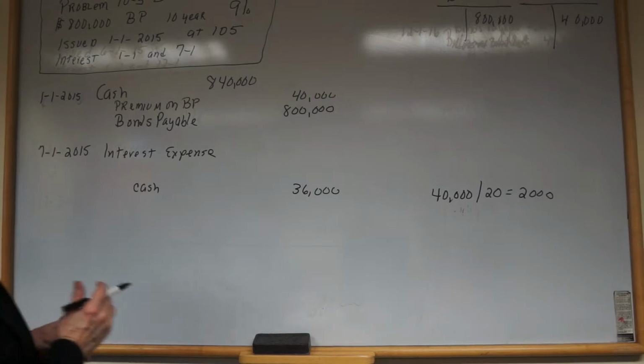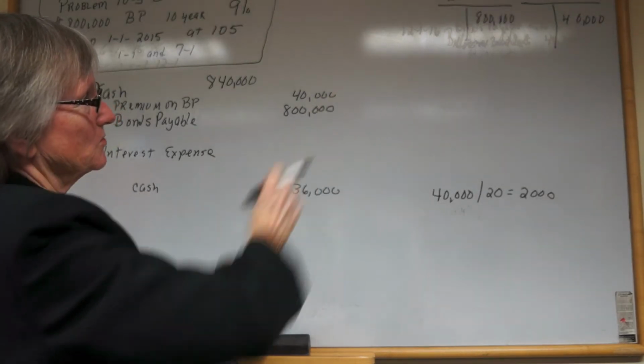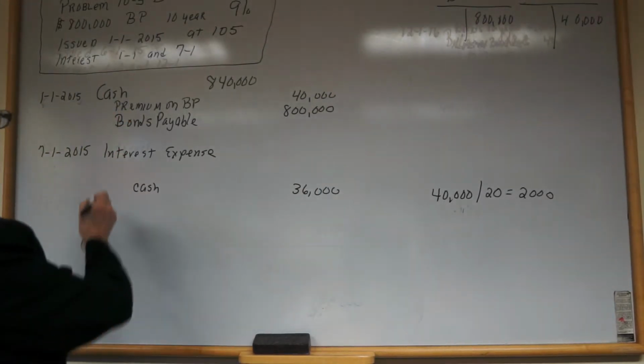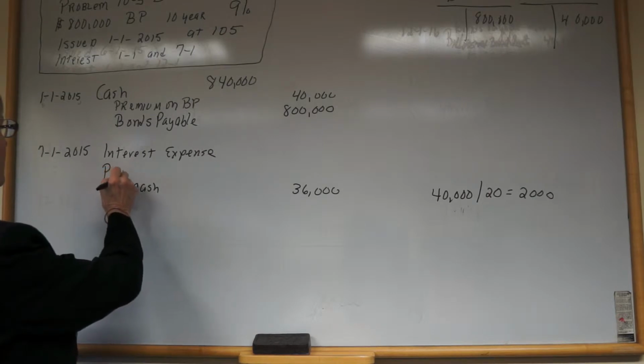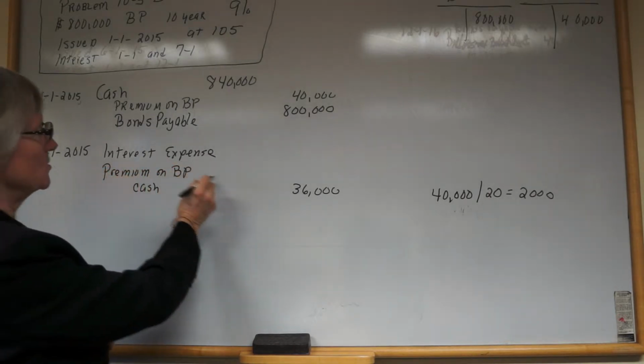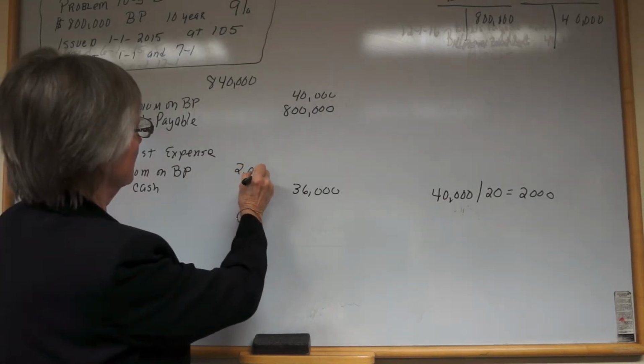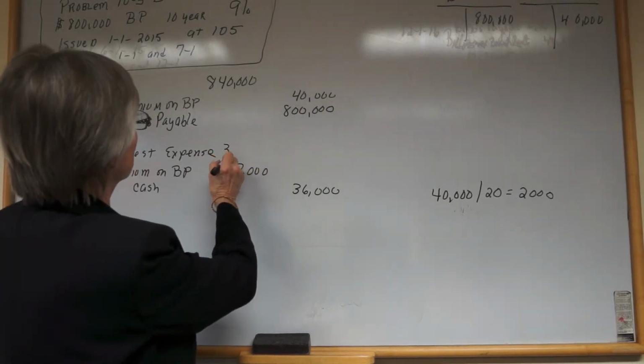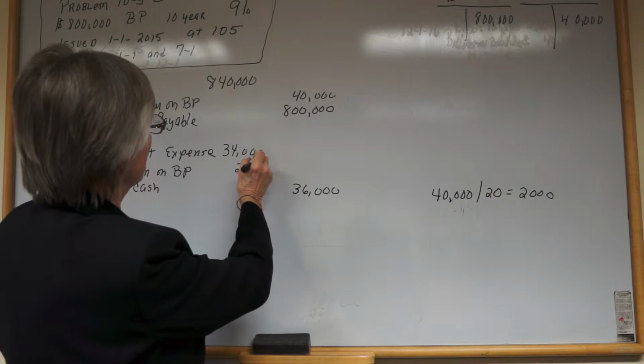Okay, so how do we do that? The premium starts out with a credit balance, so we are going to be amortizing it, so we're going to debit the premium on bonds payable 2,000, and that reduces our interest expense to 34,000.